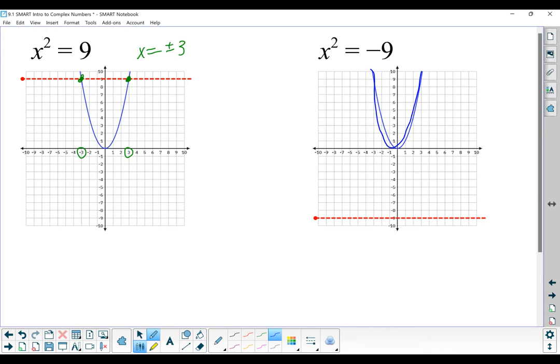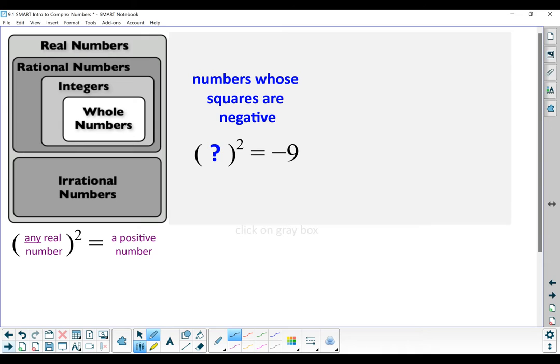So x squared equals negative 9 has no real solutions. This is our real coordinate plane with all of our real numbers represented on it. It has no real solutions, real being a very specific math word that we'll talk about in a second. It does have two solutions, but they are not in the number system that you are used to using.